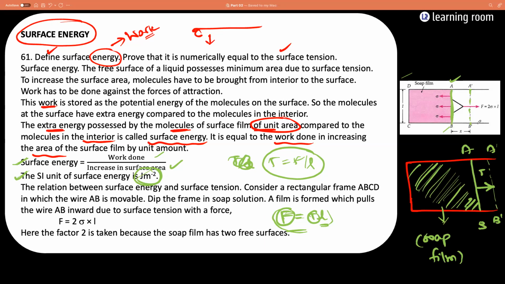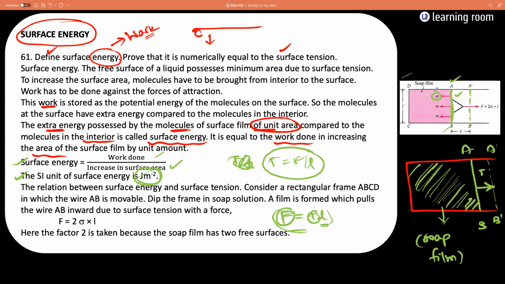When you dip and take it out, when the surface has the freedom to move, it starts moving. So when this film is formed, due to the cohesive forces, the film will be pulled inside.